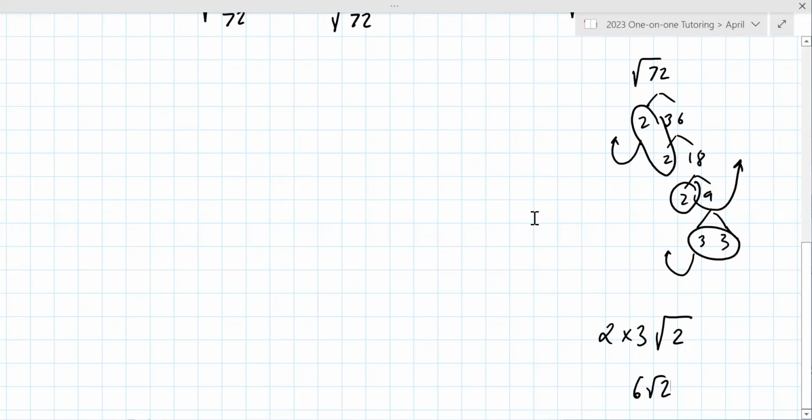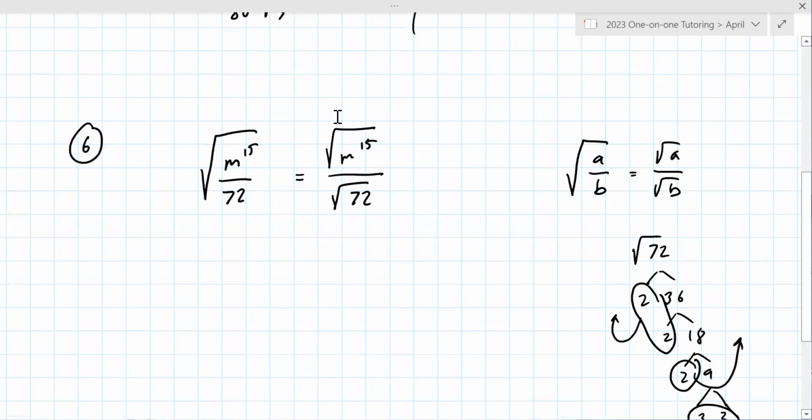So what happens to the m squared or m to the 15th? Yeah, so in pieces, right? What we just did is the 6 square root of 2. And then on the top here, we will deal with this, but that part is clear. Now, there's a couple of ways to show this in the top, and we could do our own sort of lesson on just this.